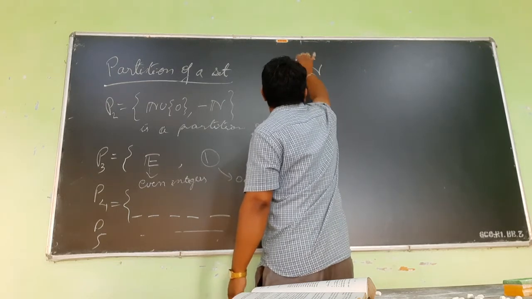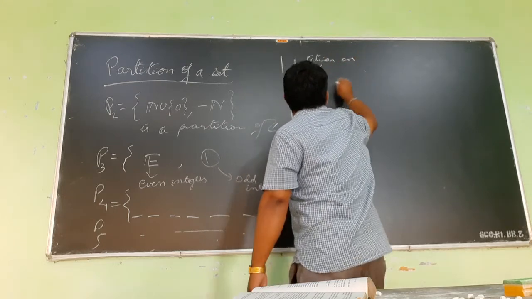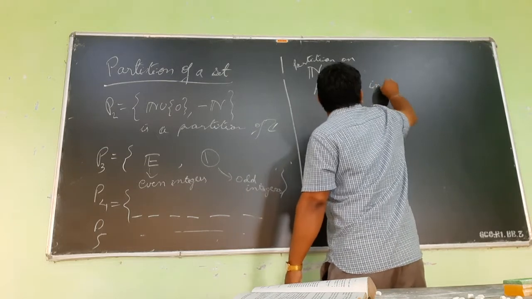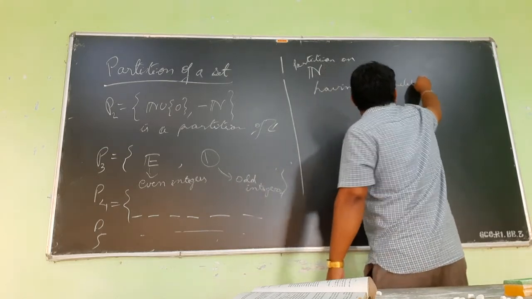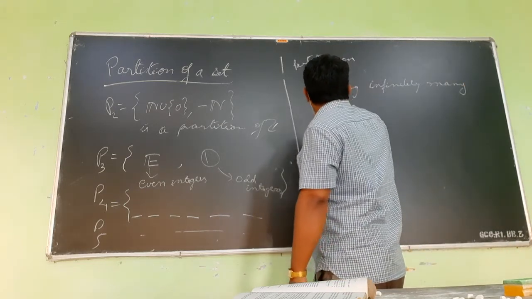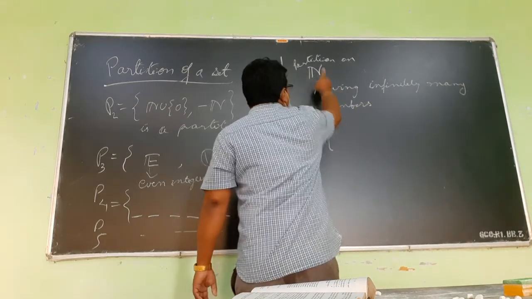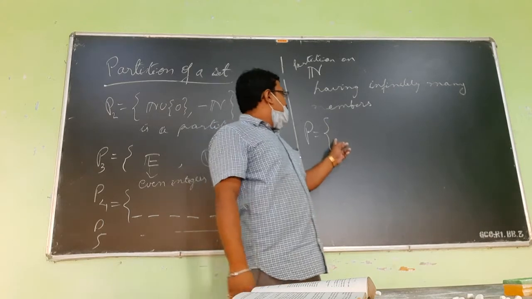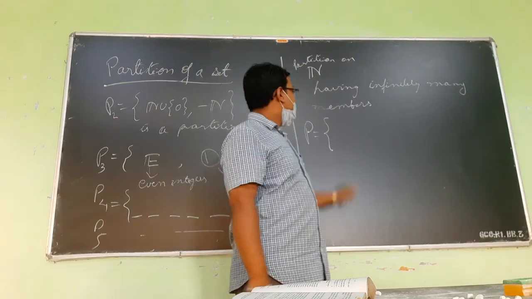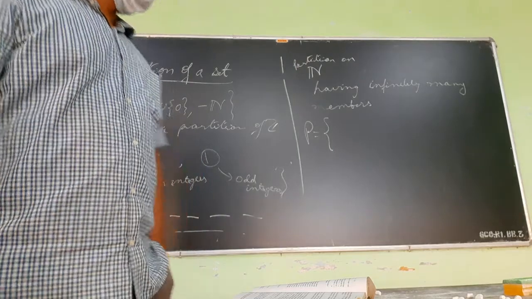Think of a partition on n having infinitely many members. So you write a partition on the set of natural numbers such that there are infinitely many members in the partition. Okay, and their union is n. And they are mutually disjoint equivalent. Okay. Think, try to think.